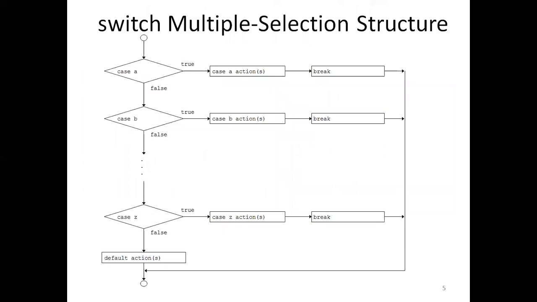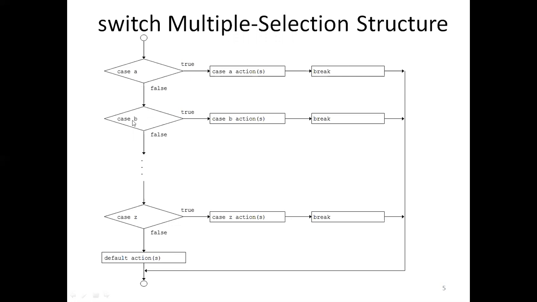If you want to explain it by a diagram, it goes like this. Start from case A; if it's true, then execute the case A statement, then continue to the break, then go out to the end of this. Otherwise, for each case statement you have to follow it with a break.